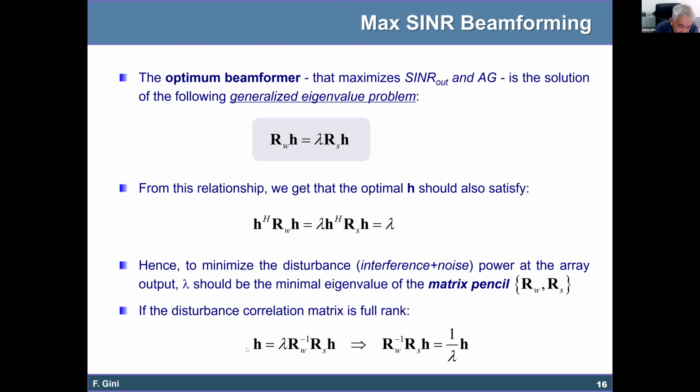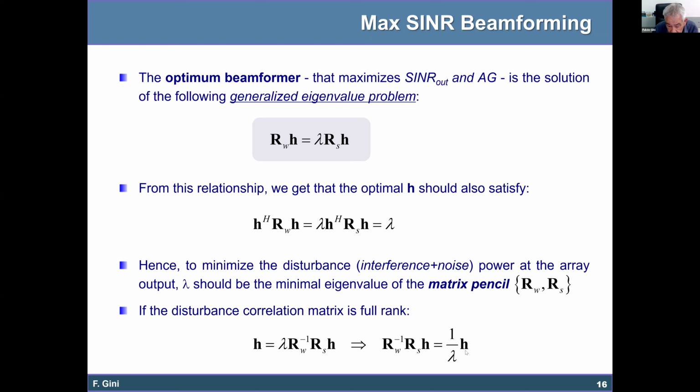Now you can bring lambda on the left-hand side. So in the case where Rw is full rank, you can rewrite this equation in this form. And this is now the classical eigenvector problem. And so if lambda should be minimal, 1 over lambda should be maximal.